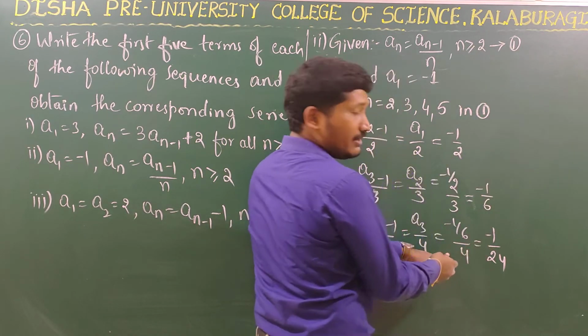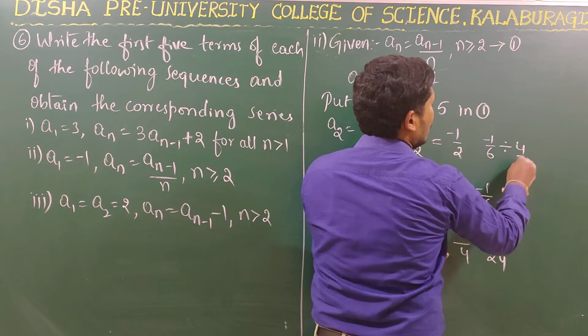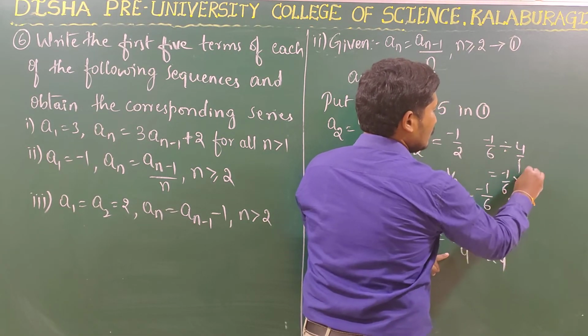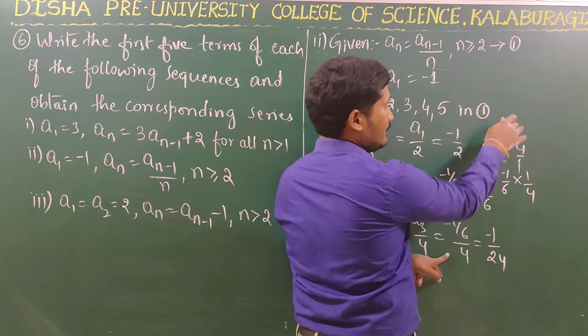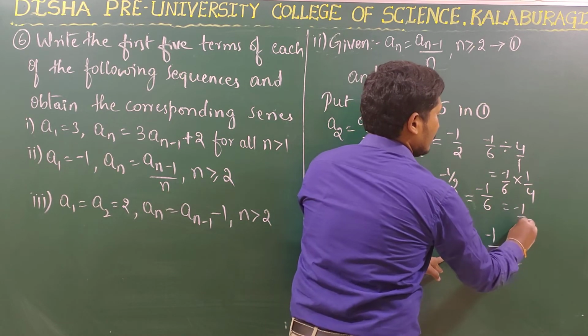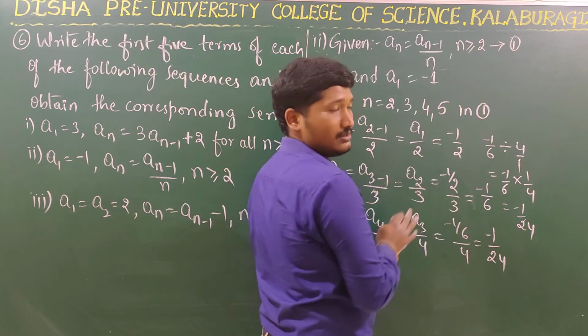Minus 1 by 6 divided by 4 in the sense minus 1 by 6 divided by 4 by 1. I can write this as minus 1 by 6 into 1 by 4. This will be the reciprocal when I change this to multiplication. So this will be equal to minus 1 by 24.